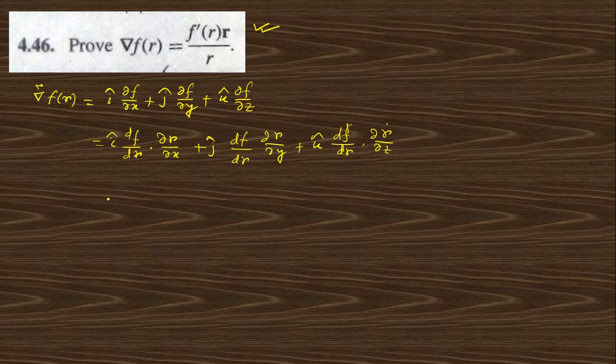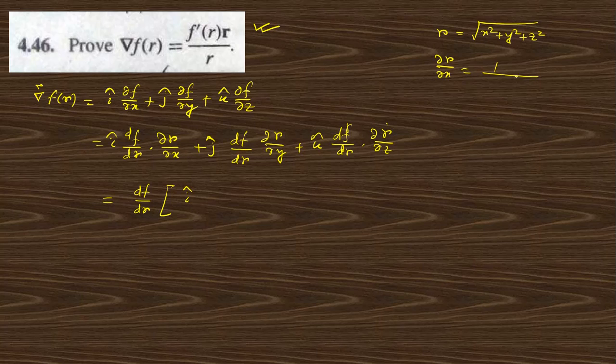Okay, so you can take df dr as common, and within this you get i cap del r del x. What is the value of del r del x? You know r is the square root of x square plus y square plus z square.